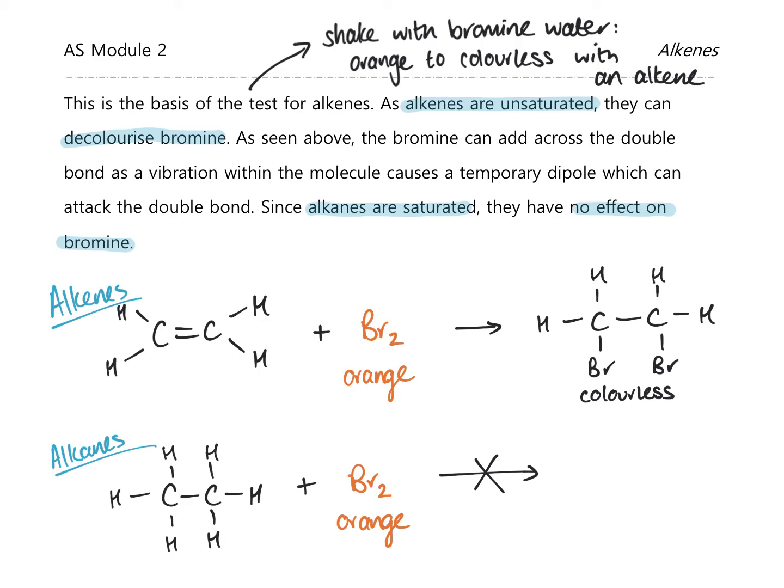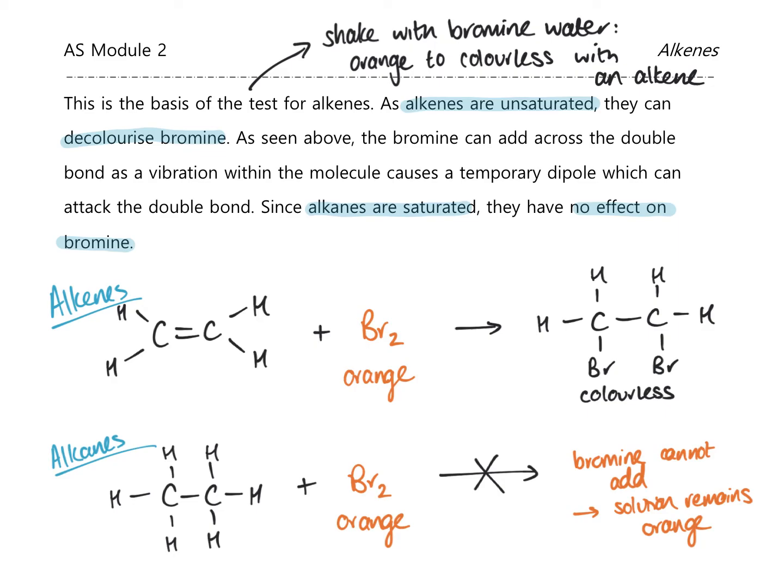This reaction cannot happen because the alkane is already saturated, as we highlighted in the paragraph above. There's no more room for carbon to make any other bonds with the bromine atoms, and therefore bromine can't add to the alkane molecule, so no reaction happens and the bromine remains orange.